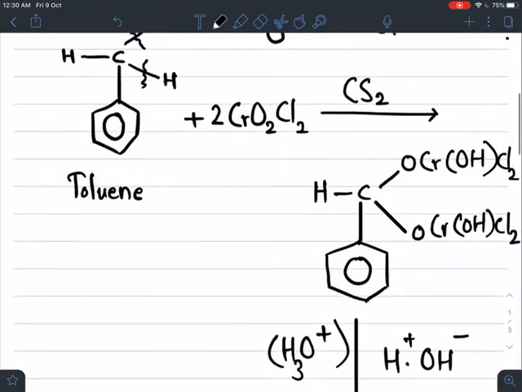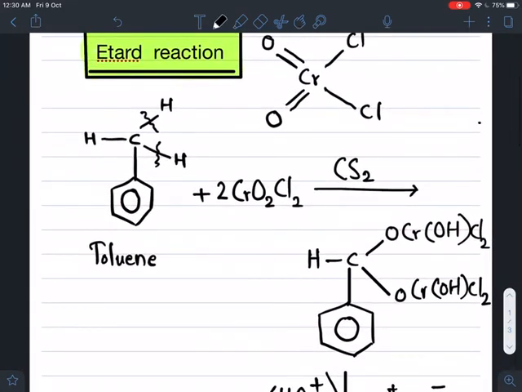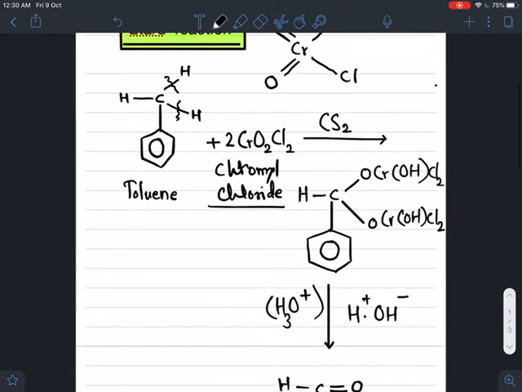So what is the Etard reaction? Once again, see. When toluene is treated with chromyl chloride, CrO2Cl2, in the presence of carbon disulfide, partial oxidation of toluene takes place.